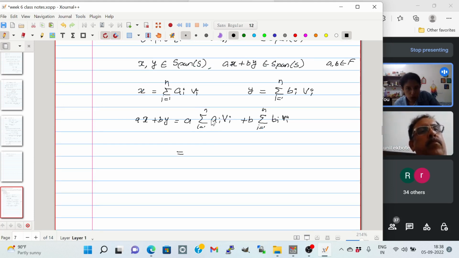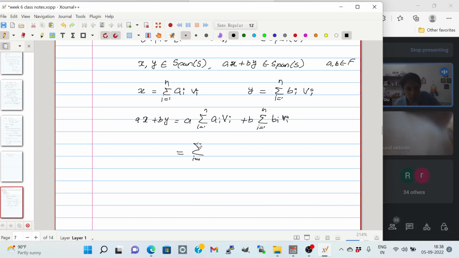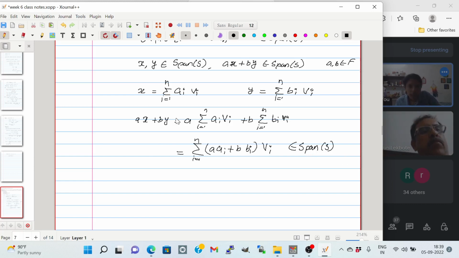For the vi, the coefficient is a times ai plus b times bi. So it is sigma i equals 1 to n of (a times ai plus b times bi) times vi. So this is also a linear combination of v1 to vn, so this also belongs to span S. So we got span S is a non-empty subset and this condition, ax plus by also belongs to span S for any x, y in span S and for any two scalars a, b. So span S is a subspace.